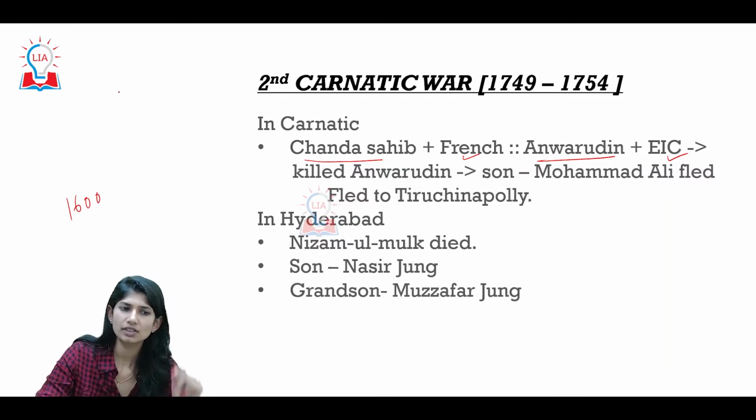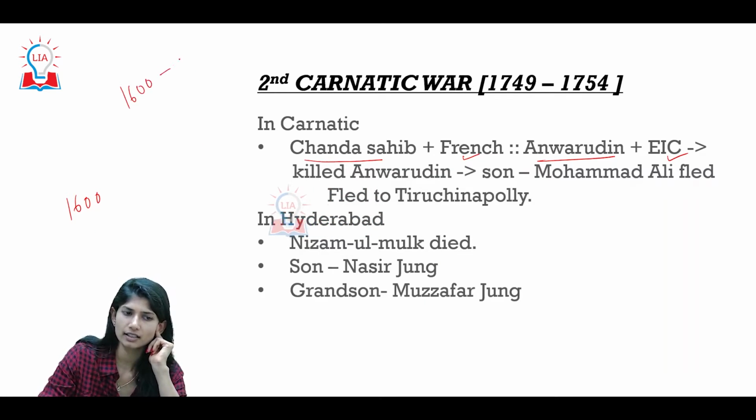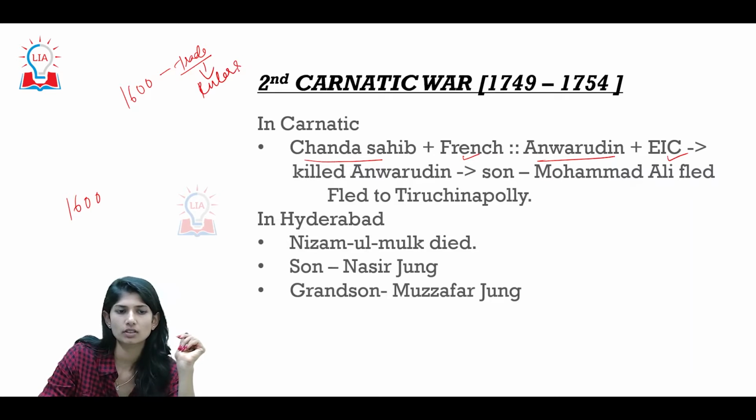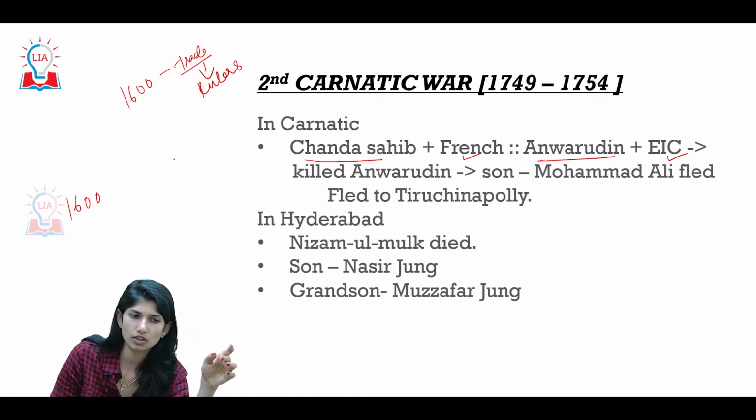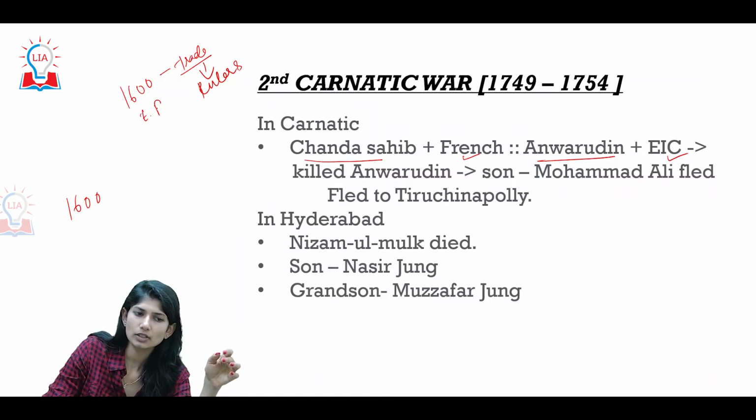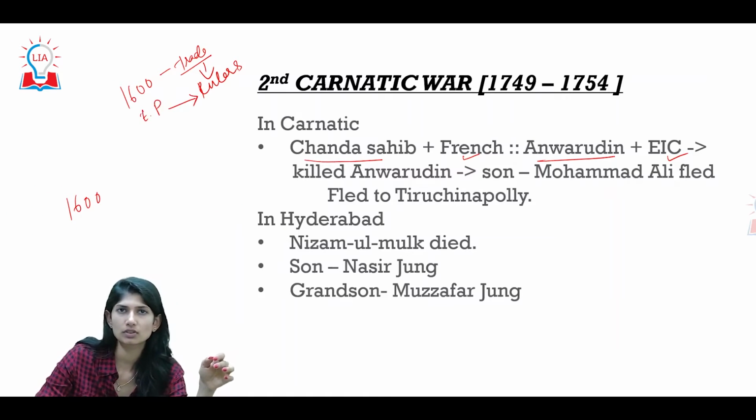If in the 1600s they entered India in the name of trade, they asked us, by us we mean local rulers, for permission. They took permission from local rulers to set up their trading depots, to set up their forts, to trade in India. They had to take permission. The European powers had to take permission from the local rulers.